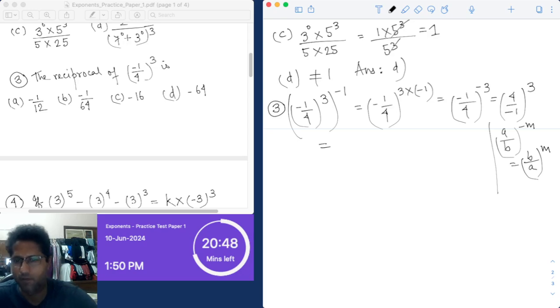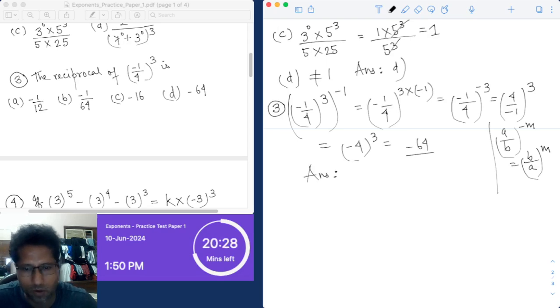This concept I have applied. So now this is (-4)^3, and this is -64. The answer is choice D.